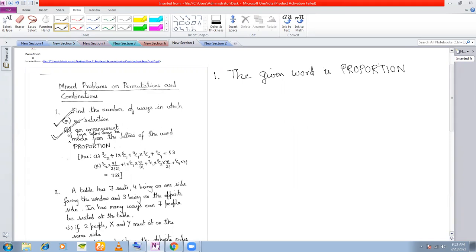Now you see certain letters are repeated here, right? So what you do is you write the repeated and non-repeated letters.